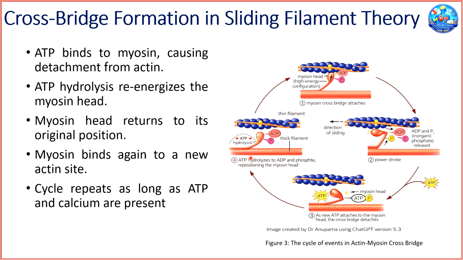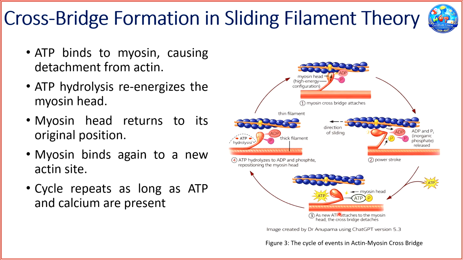So how does this all happen? Here you see that it's a cycle of events that take place in the actin-myosin cross-bridge formation. The ATP binds to the myosin head, causing its detachment from actin.